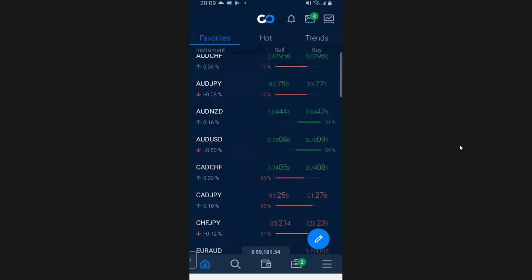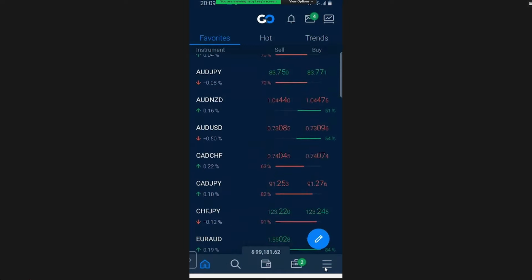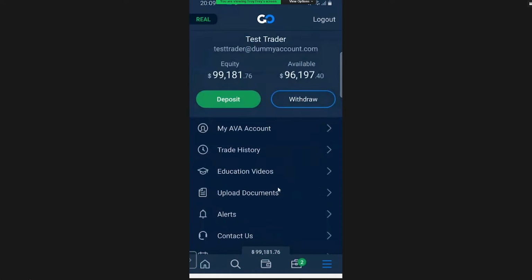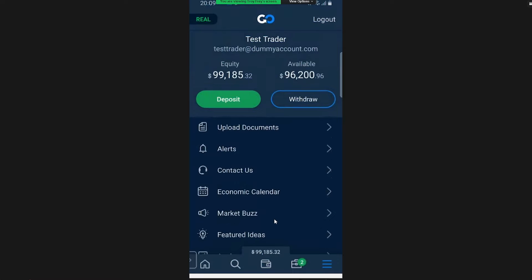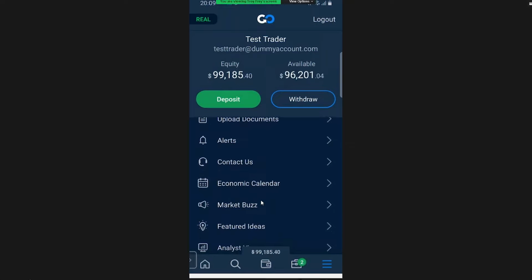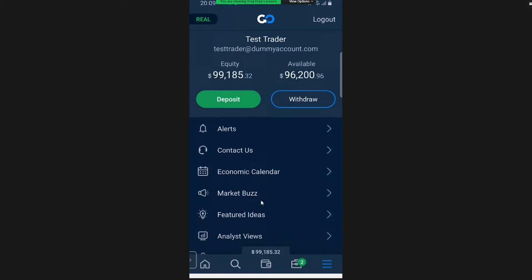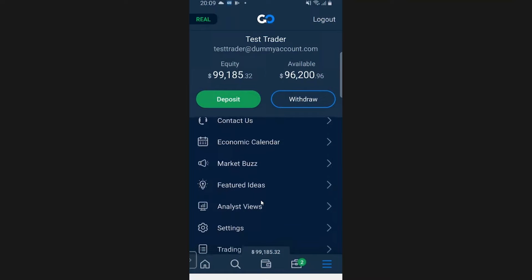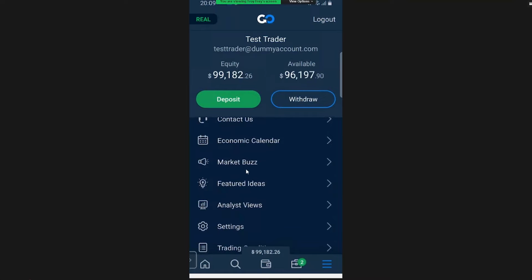So one thing I would say is if you go down and you see these tabs down here in the lower right, the tab, I should say, the three little lines. If I tap on that, then I see some options, and it can take you to educational videos. And as I scroll down, I see some basic things like the economic calendar, but also market buzz, Forex featured ideas, and analyst views.